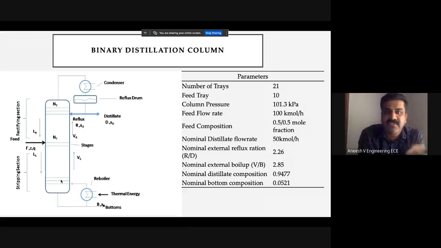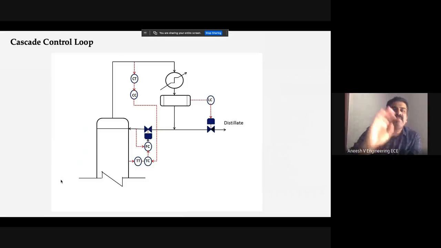Then for this, how can we apply a backstepping technique? Clearly, in the beginning of the talk, I said that we need to divide the system into different subsystems. So I am using a cascade control structure. We know that in a cascade control structure we have a master loop and a slave loop.